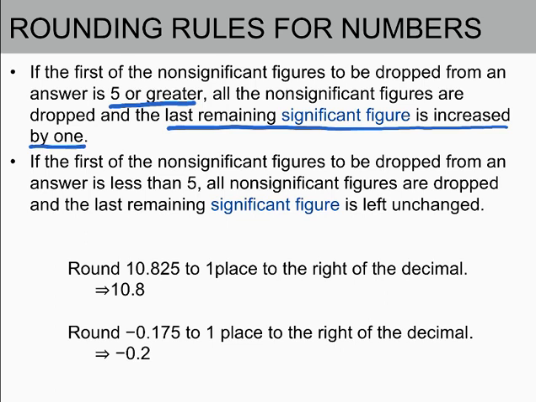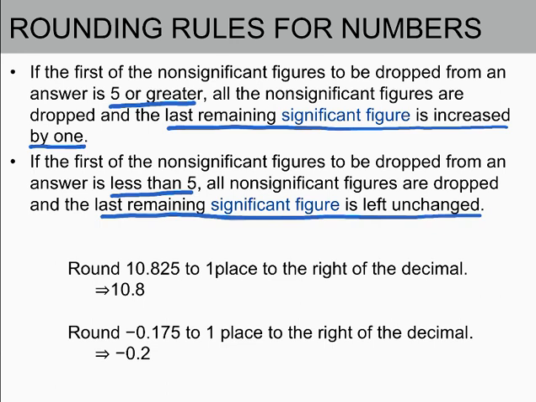Now, if the first of the non-significant figures to be dropped from an answer is less than 5, then all non-significant figures are dropped and the last remaining significant figure is left unchanged.